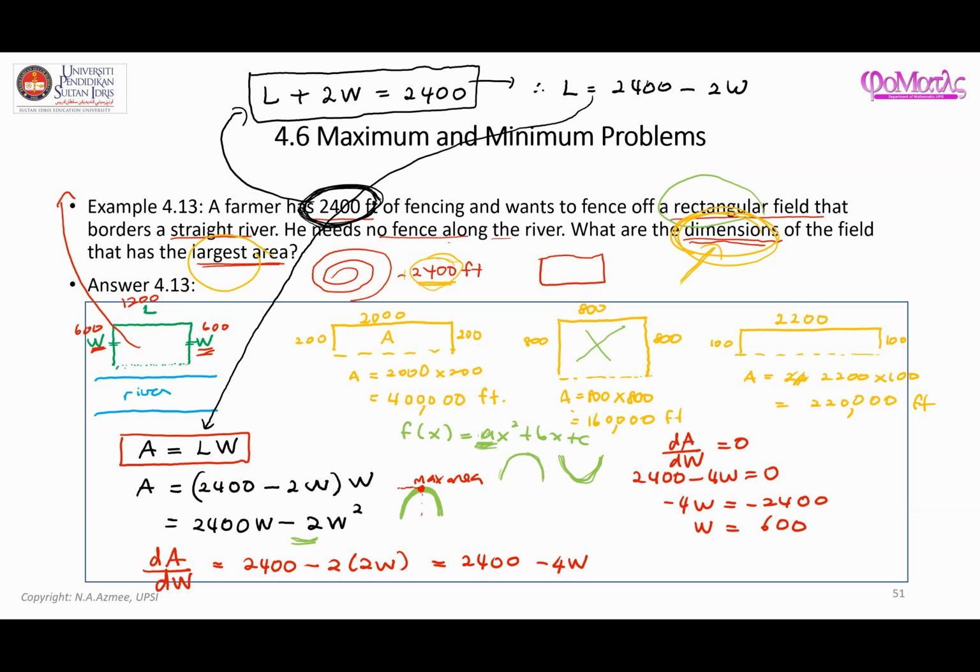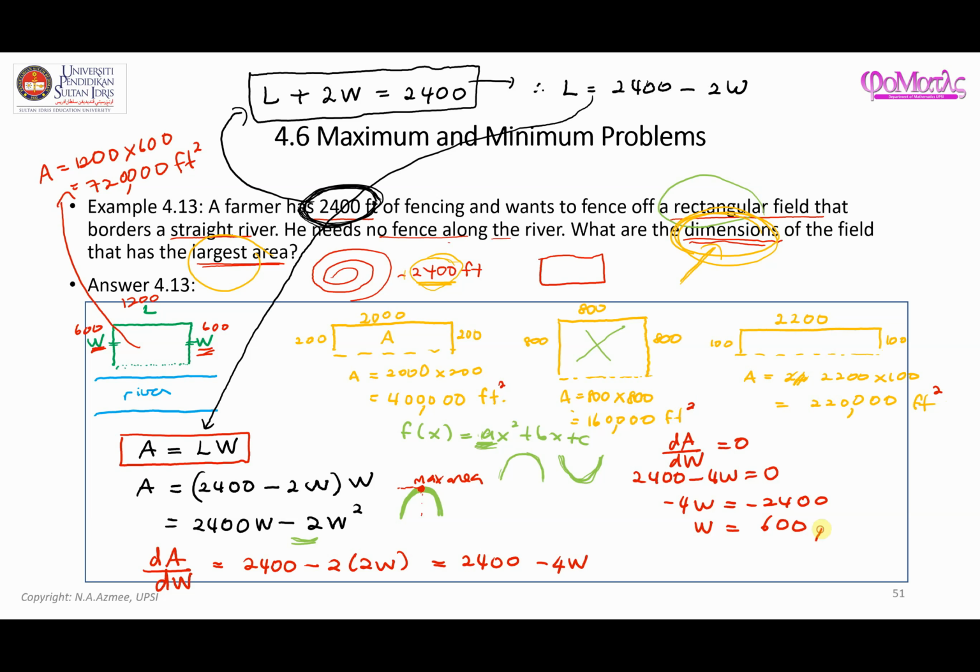The area is going to be 1200 times 600. 12 times 6 is 72, plus double 0 and double 0. So the area is going to be 720,000 feet. Feet squared actually, I missed this. This is feet squared.